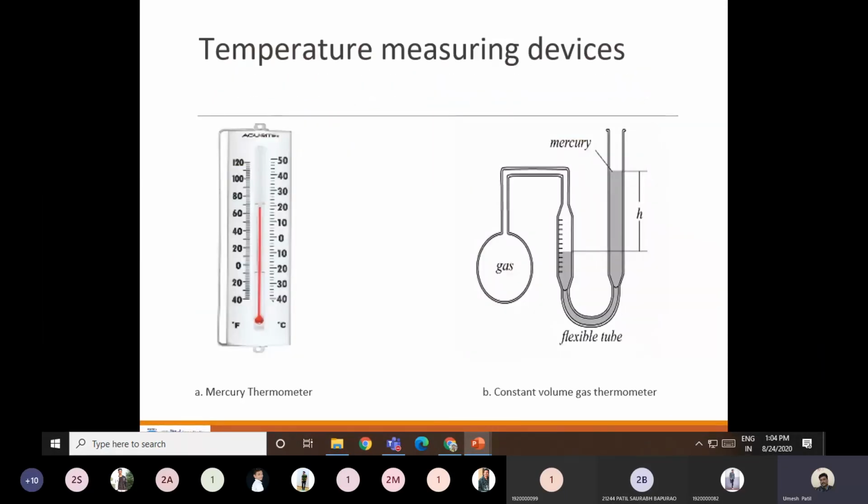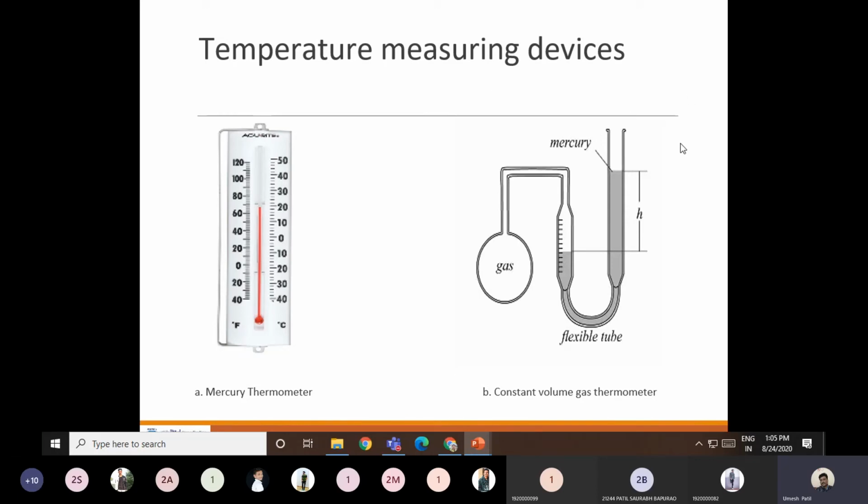Now let's come to again an important topic. So how to measure the temperature? The most commonly used temperature measuring device is the thermometer. Now this thermometer, as I told you, or any temperature measuring device, the principle, the base is the zeroth law of thermodynamics.